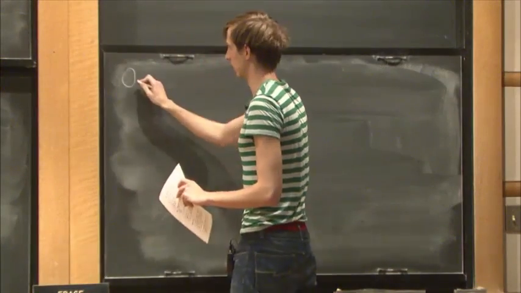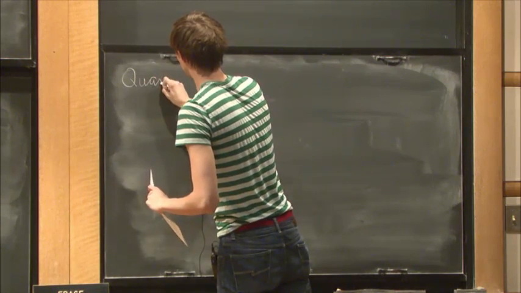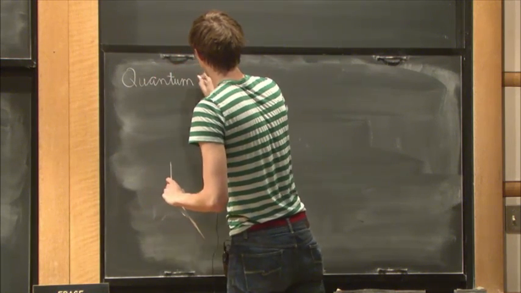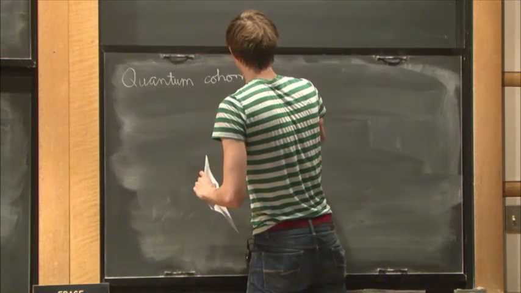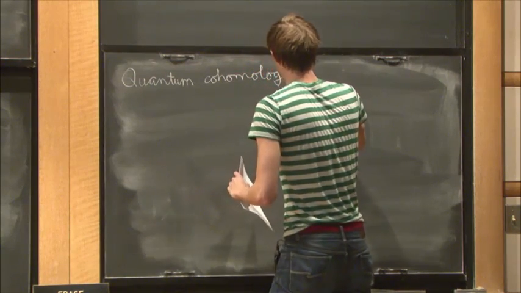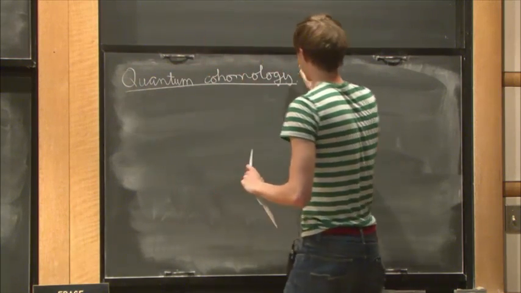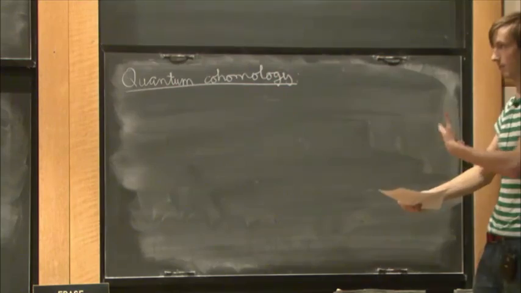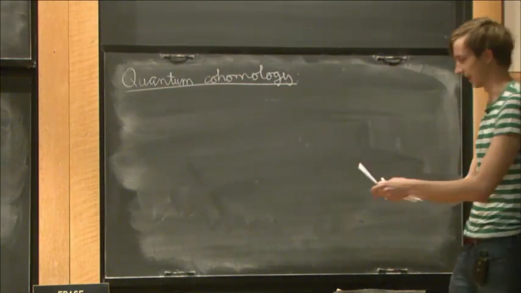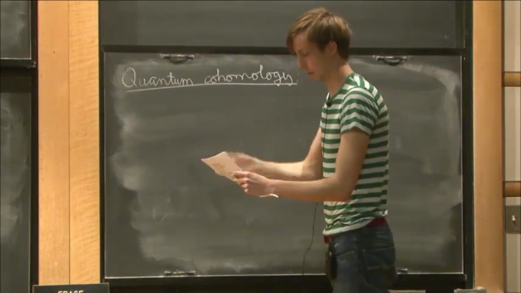So now I want to use these Gromov-Witten invariants to actually define some algebraic structure which I advertised on the very first board today.